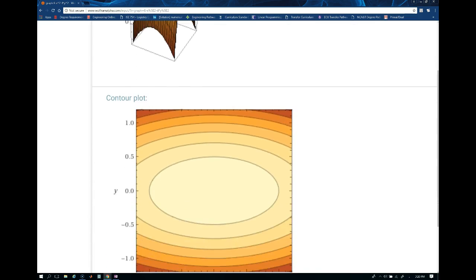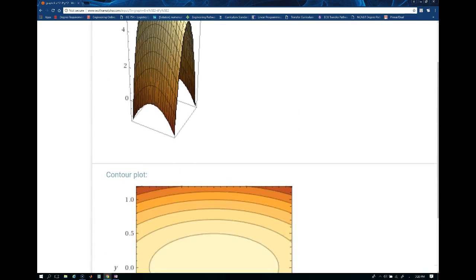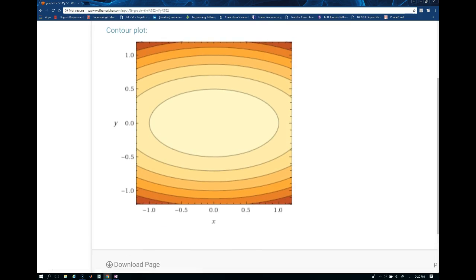You can even look at the contour plot. And we see, remember, these lines are connecting values of common output. So all of the values on that inner ellipse have the same output value. So it looks like maybe right in the center here, since this is nice and symmetric, we're going to have either a max or a min.